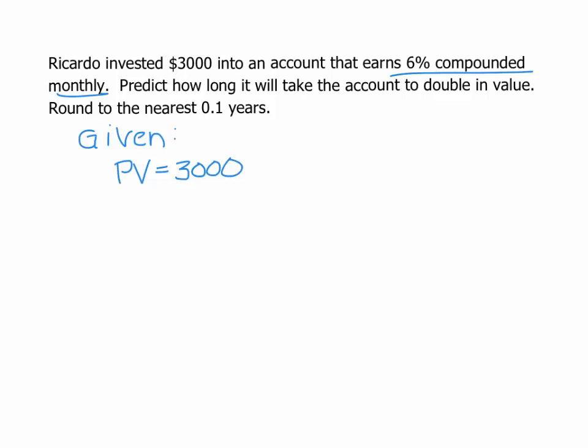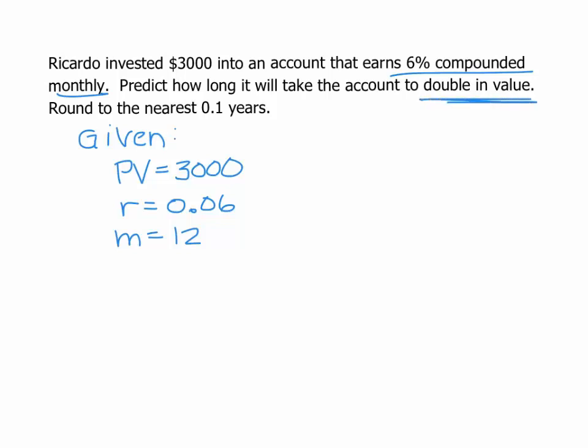Now this, it says compounded monthly. It doesn't say compounded or 6% per month. So we know that our R is 0.06. That 6% is our annual rate, and our M is 12 because we're talking about monthly. And it says predict how long it will take our account to double in value.